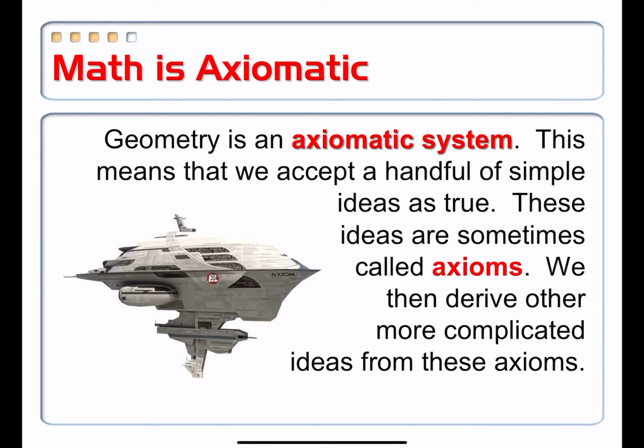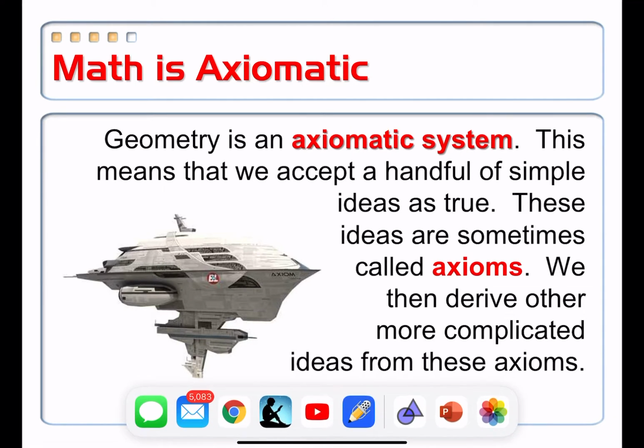Okay, so we accept these axioms as true. Nobody has to prove them to us, but then we use those axioms to derive other more complicated ideas. Let me give you an example of an axiom that you probably heard about in another math class. It has to do with points and lines.